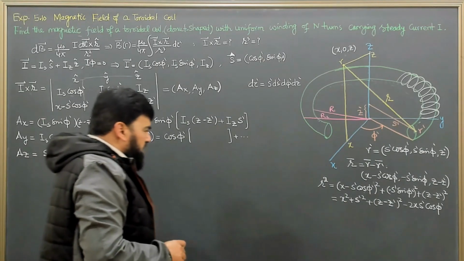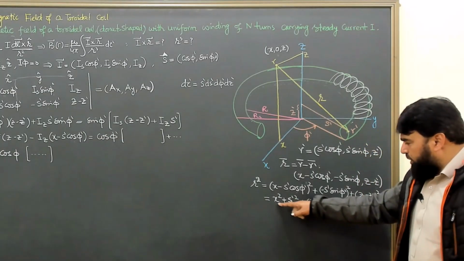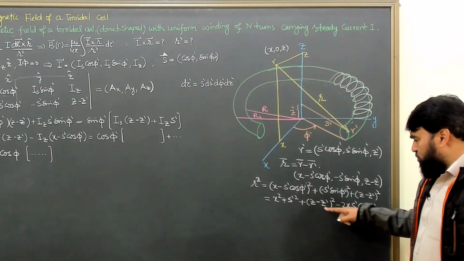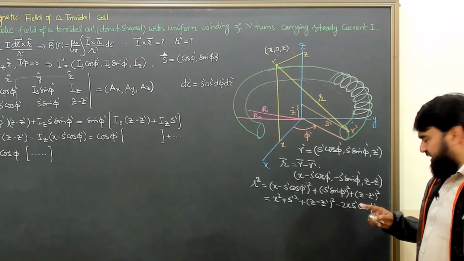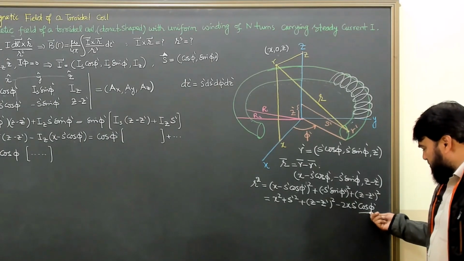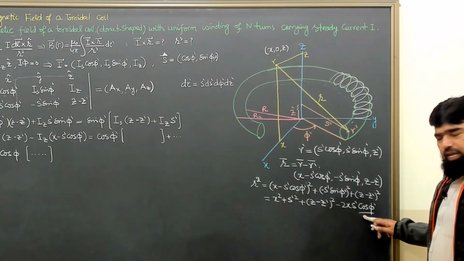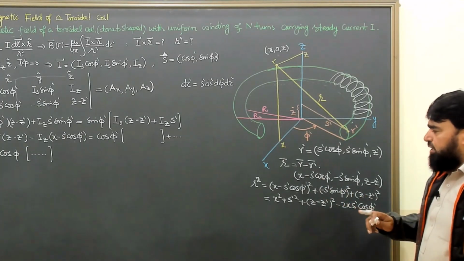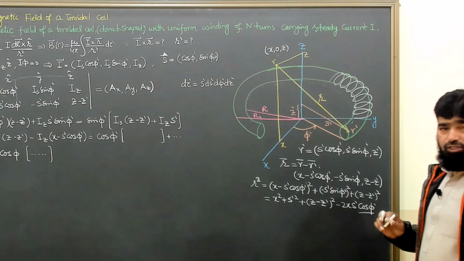If we look here, these are all square functions, so we have them as even functions. Here, this cos phi dependence will make a difference, as it depends on cos phi, and if I cube this one, then it means that r cube is an even function.